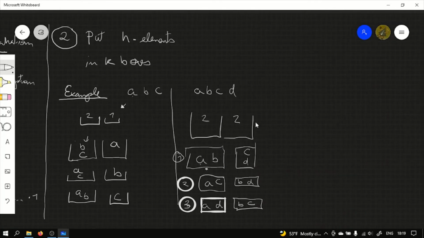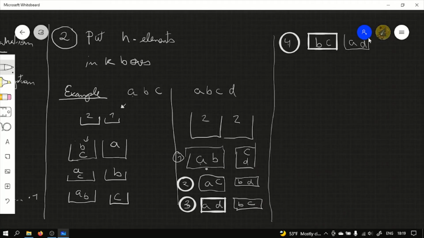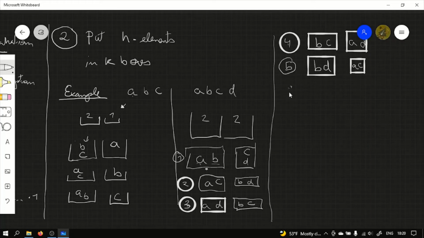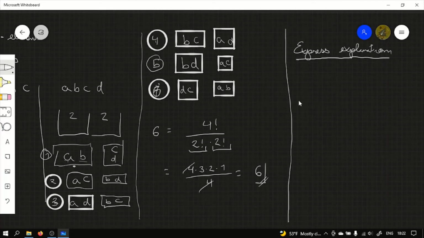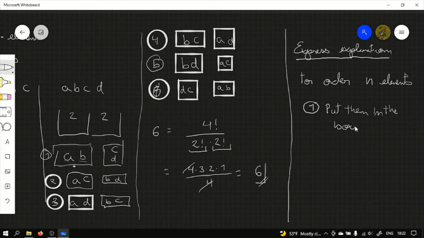I'm going to continue here. If I want to order n elements, we can do these 2 steps: one, put them in the boxes, and two, order the boxes.